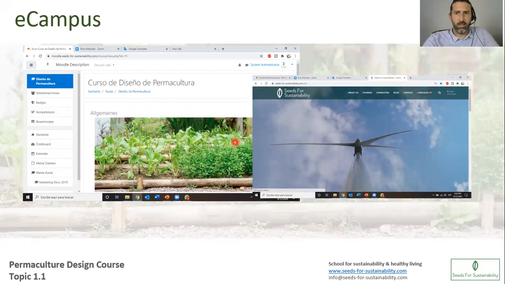Just a quick heads up on what you can expect from the online platforms. So this is our online campus you see here on the left. Where you get access to the virtual classroom, which is the Zoom room. Basically, you will have a link and you can meet every week if you wish. In the live sessions, we will go through all the topics and then start over again.